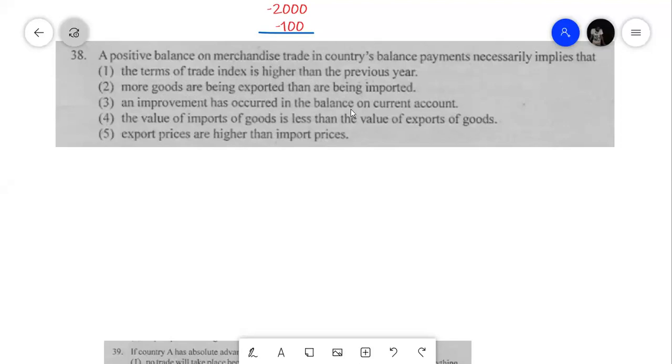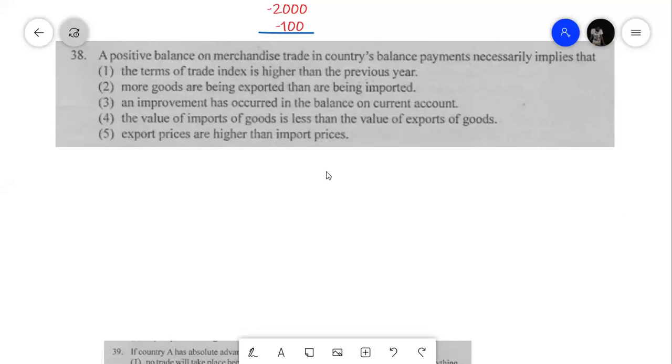More goods are being exported than being imported. An improvement has occurred in the balance of the current account. The value of import of goods is less than the value of export of goods. Export prices are higher than import. What can you say, guys? A trade account surplus. What can you necessarily say?